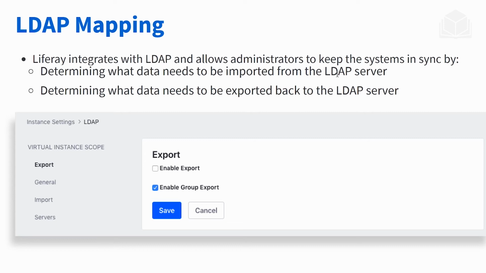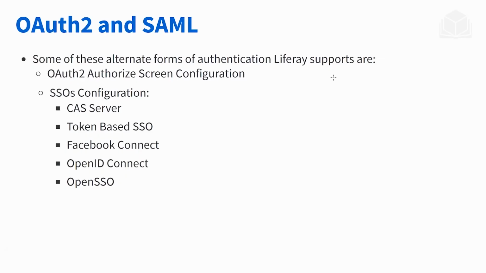You want that to be exported back to LDAP and vice versa, and that has to be kept in sync. So Liferay manages that. From the instance settings, you can configure what you want to import and what you want to export. For example, you can export the users, but you can also export user groups, and we'll talk more about that in a second.